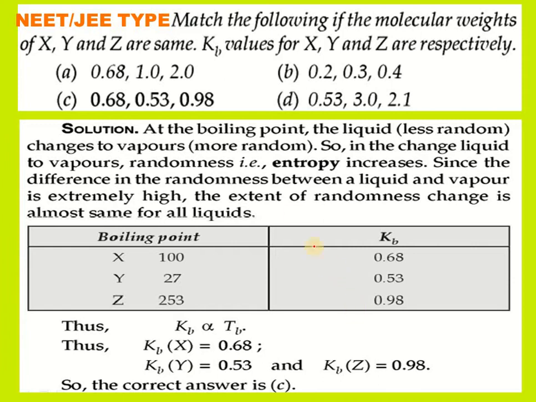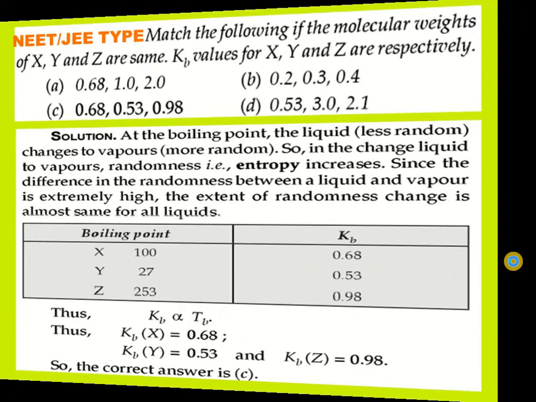So the correct answer is option C, because 0.68, 0.53, 0.98. That is the right option for this one. So you have to match the following accordingly. We got the correct answer as option C.